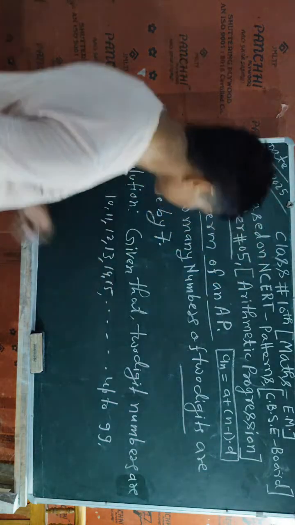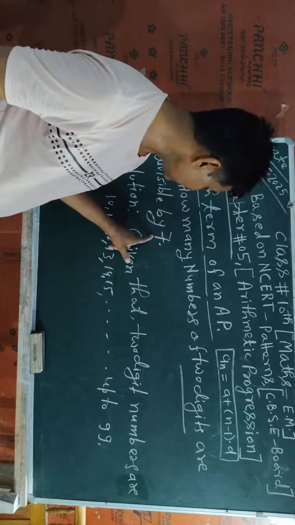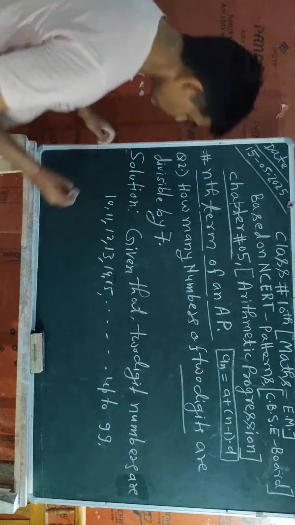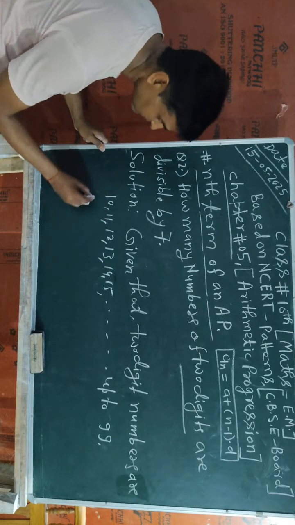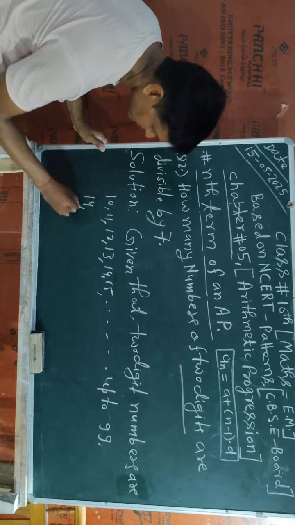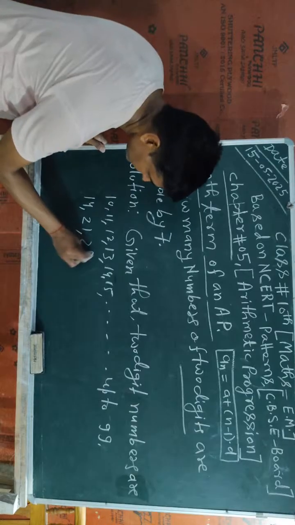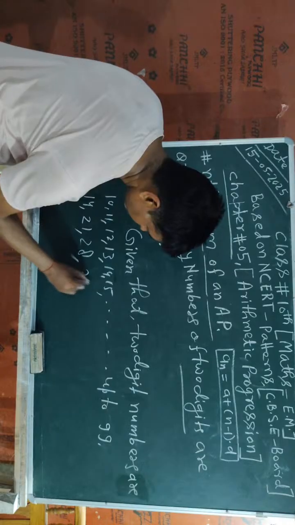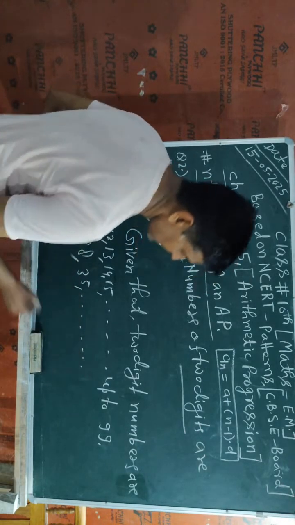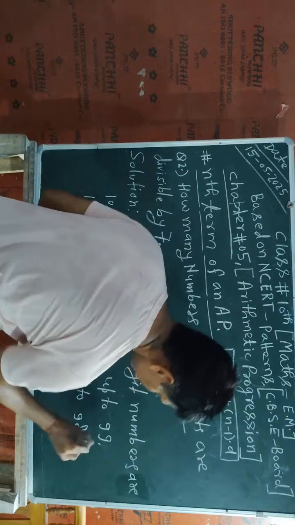Okay, student. Now further we have to take only those numbers which are divisible by 7. It means that first number I will consider here. I will take 14, 21, 28, 35, and so on. The last number I will say is 98.